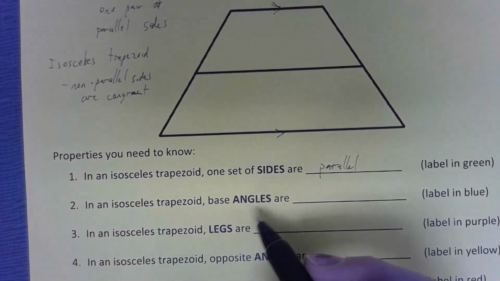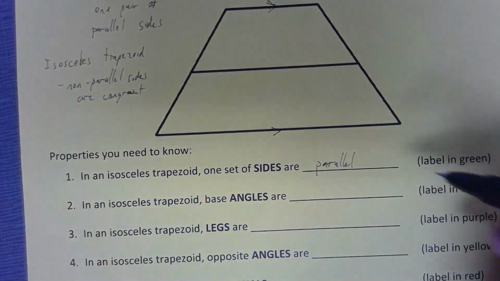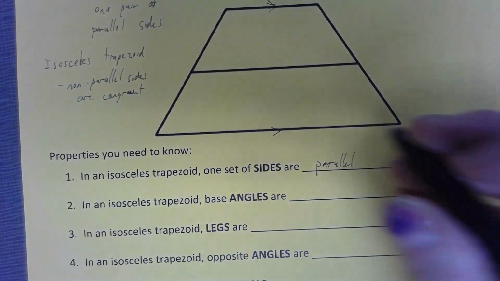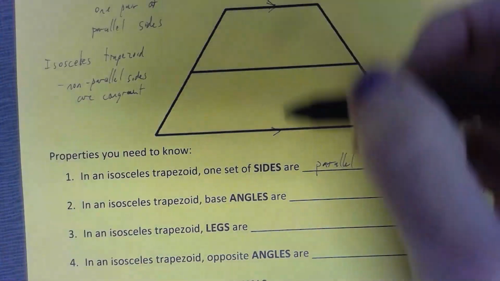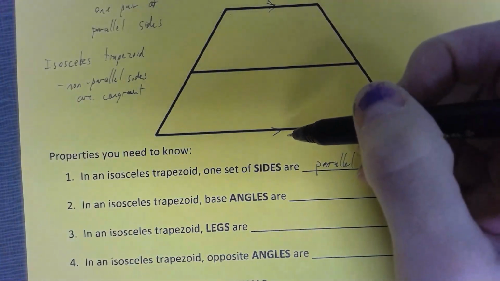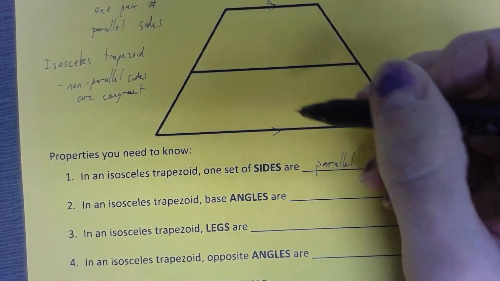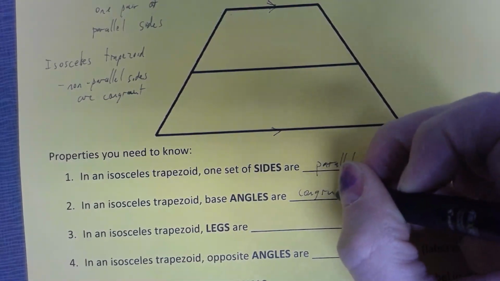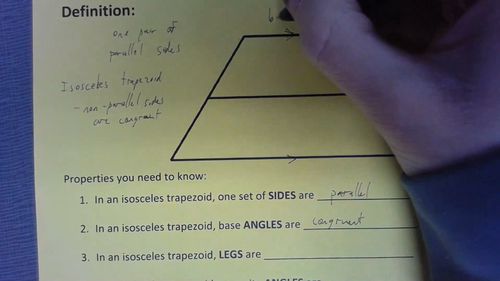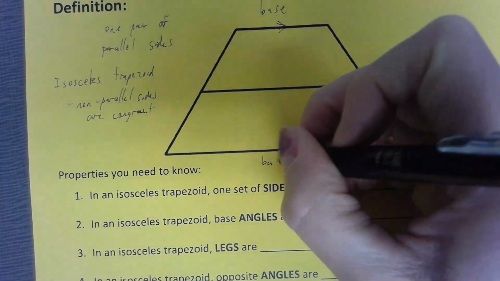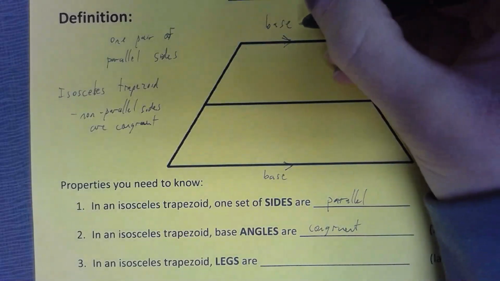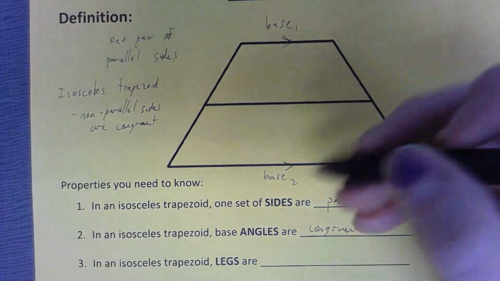The base angles in an isosceles trapezoid have the same property as the base angles in an isosceles triangle. So these two parallel sides, we're going to call those the bases, and the base angles are congruent. So this is a base, this is a base. Maybe this one could be base 1 and this one could be base 2, or vice versa.